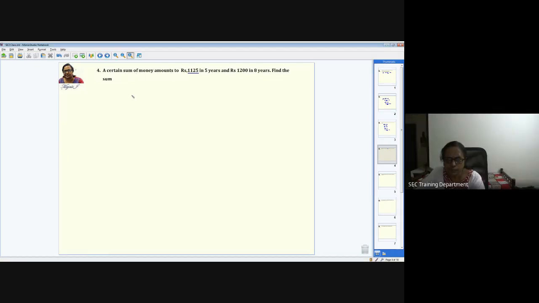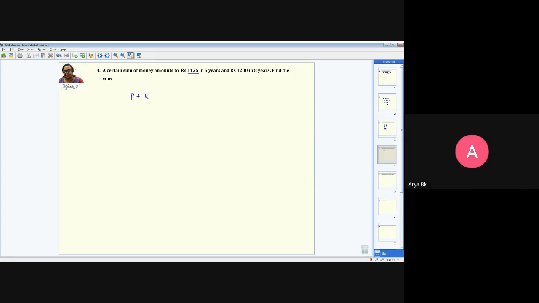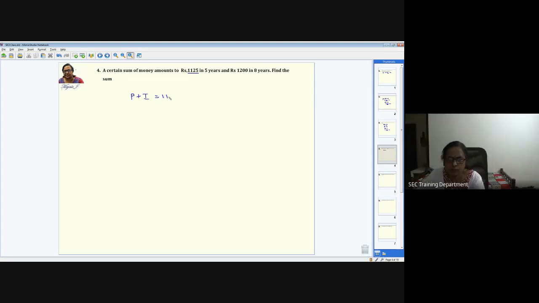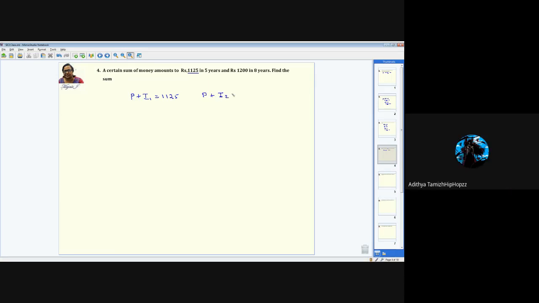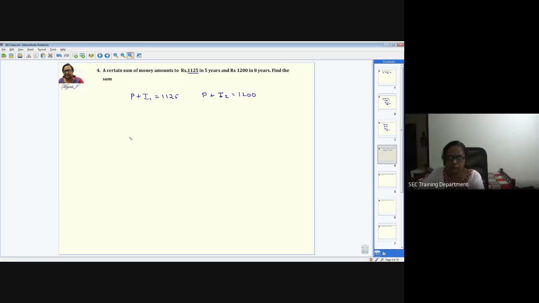So which two becomes this 1125? Principal plus interest in the first case becomes 1125. Again, in the second case, I can say this interest is I1, and principal is going to be same, but plus this interest I2 will become 1200. So you're going to get two different equations.